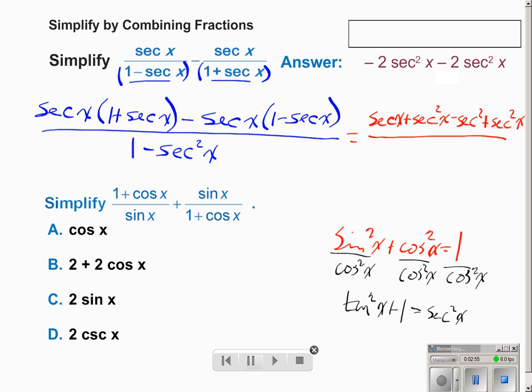Oh, and if I rearrange that, I have that tangent squared x is secant squared x minus 1. Well, that's not quite what I wanted. I wanted 1 minus secant squared x. But remember that when we have a subtraction that we want to switch around, we can always factor out a negative 1. So I can write that as negative 1 minus secant squared of x.